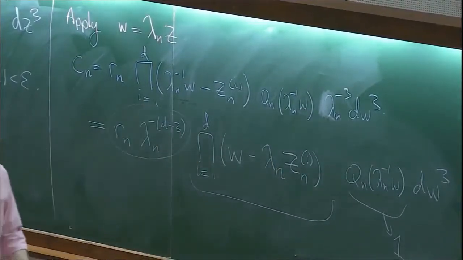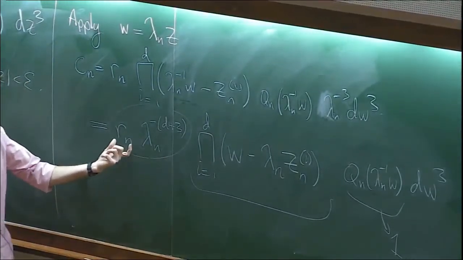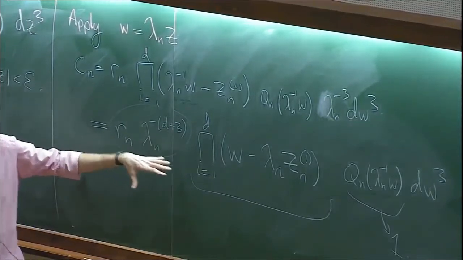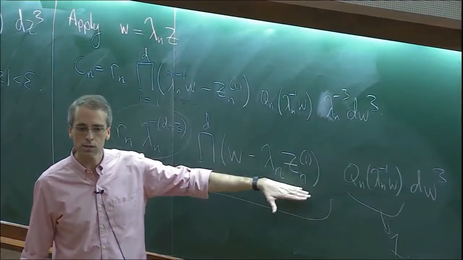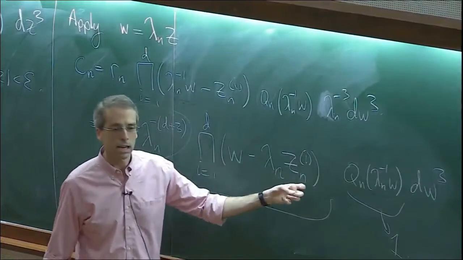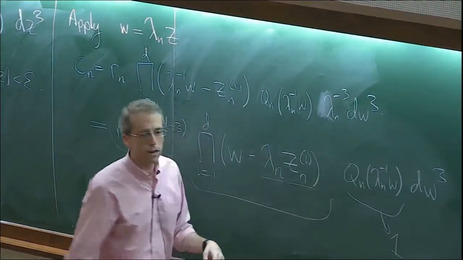But here's the problem. Once you choose your scale factors lambda n so that Rn lambda n to the negative d plus 3 is 1, you then have no choice about what happens to these factors inside the polynomial. Lambda n times Zni is the product of a large scale factor with something very close to 0.